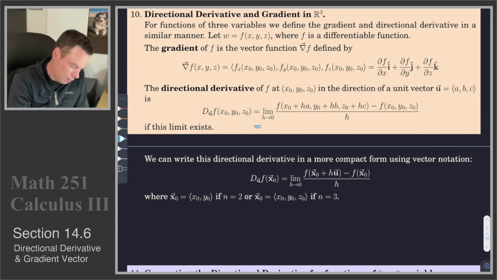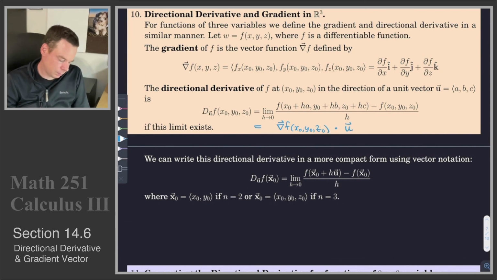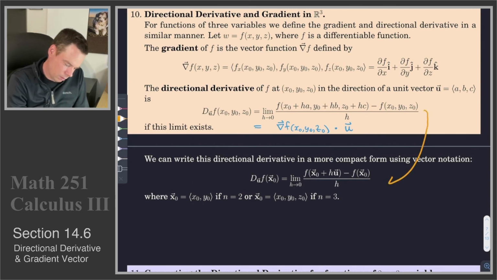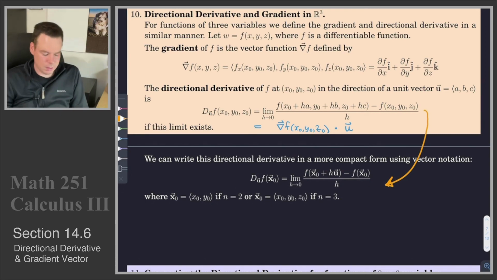This would be the gradient vector at x naught, y naught, z naught, dotted with the unit vector. That's how we could compute it. There's a nice succinct or condensed way to write that definition of the directional derivative, where I don't have to constantly write out the three components each time.